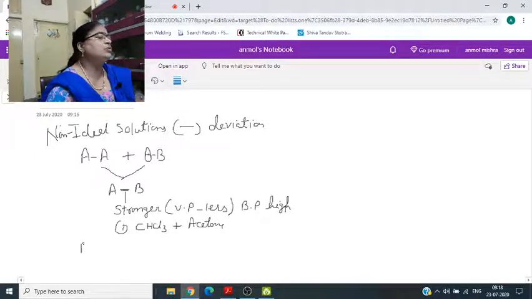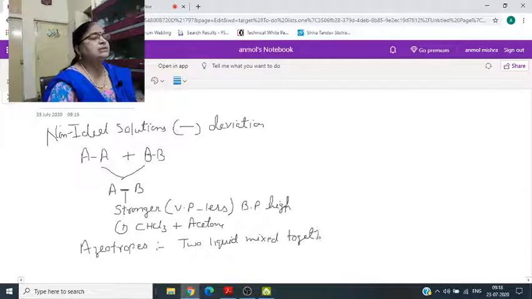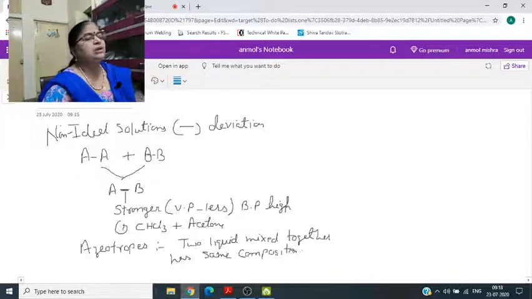In this definition you should know azeotropes: two liquids mixed together have the same composition in the liquid and vapor phase. Such solutions are called azeotropes.